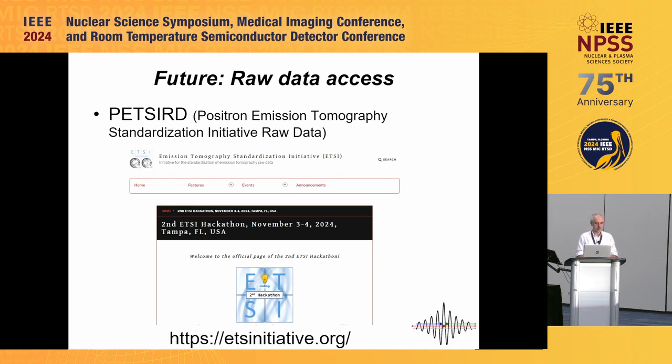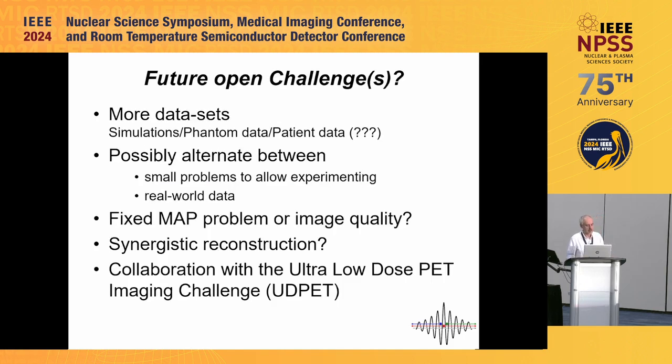Just to provide you the pointer again at initiative.org, where you can get updates on how we're going, and join us for the hackathon tomorrow and Monday. I think this is essential really for big data type of applications that we need in the future.